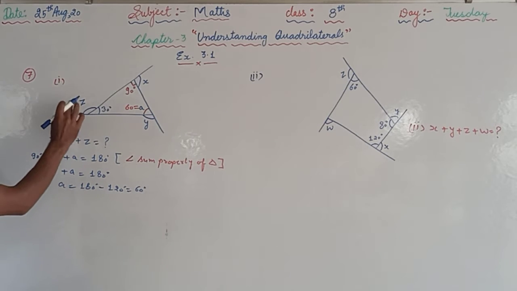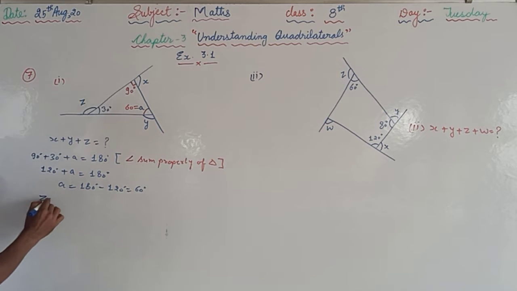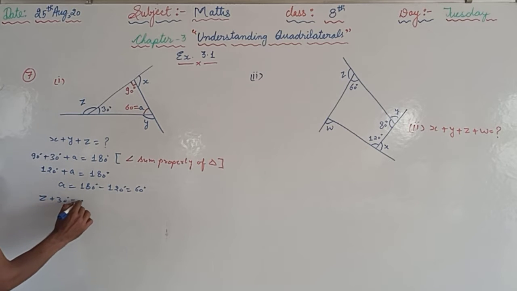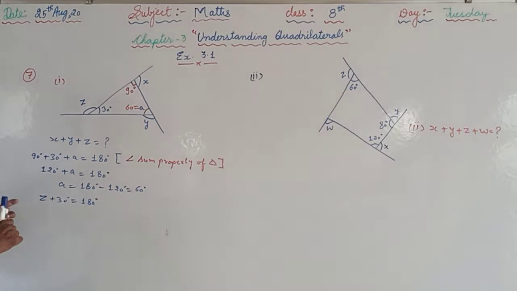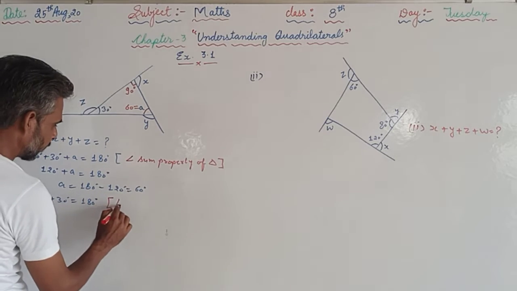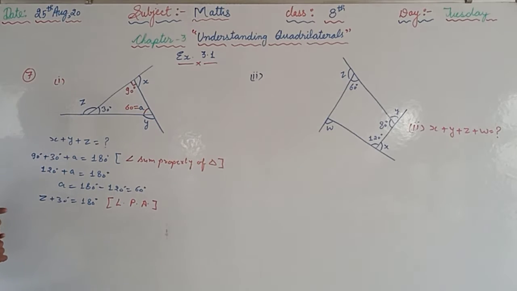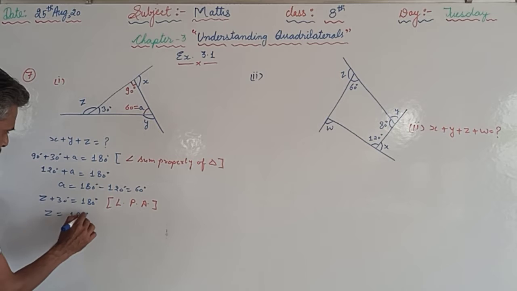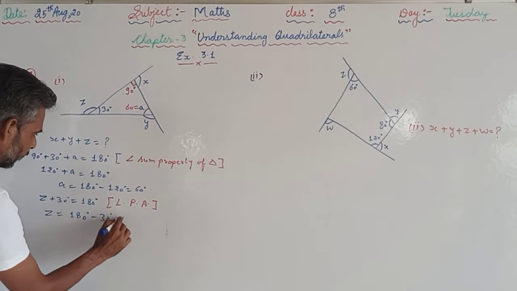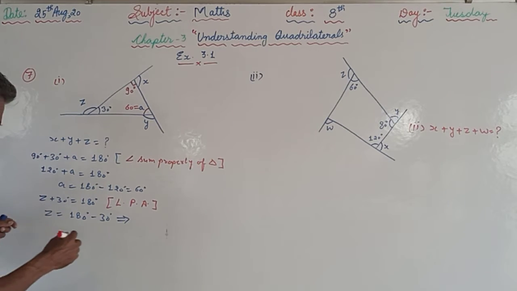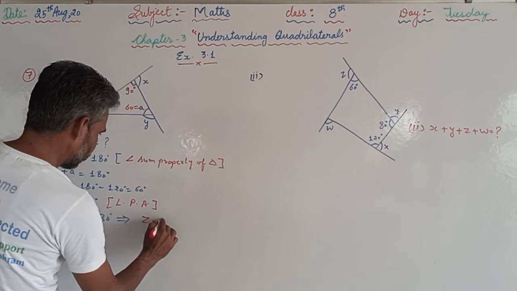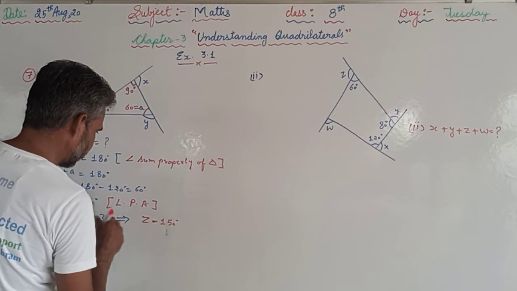Now Z plus 30 is equals to 180. Why? Linear pair angles. LPA means linear pair angles. So from here we can find Z is equals to 180 degree minus 30 degree. It implies Z is equals to 150 degree.